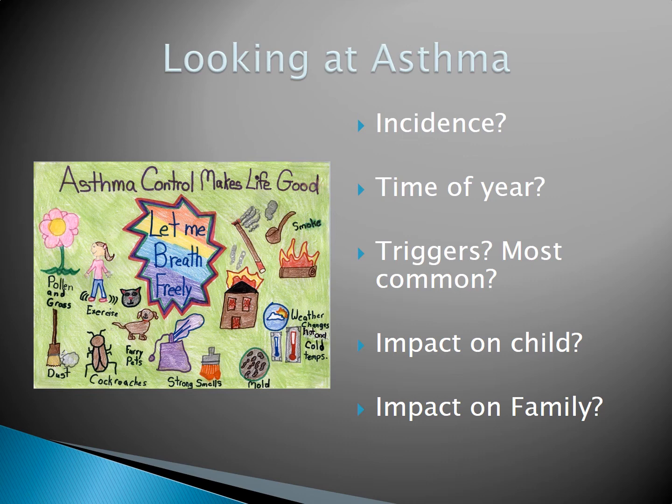And typically the peak time for asthma, interestingly, is in the fall. With the start of the new school year, kids are in close contact with each other, and germs like common colds are spread more easily. Colds are the most frequent asthma trigger in young children, and they cause up to about 85% of exacerbations.